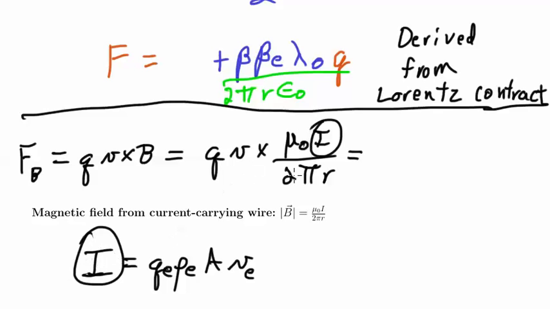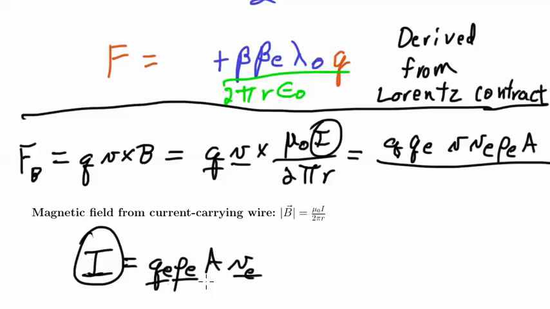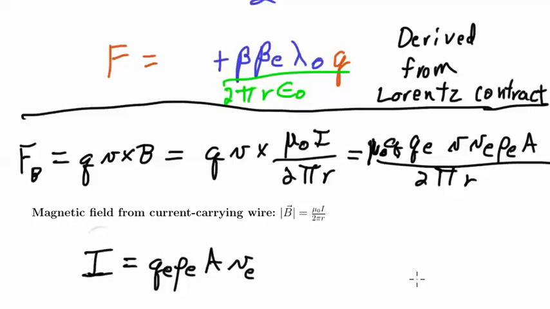So it'll be Q sub E, Q sub E times V sub E times rho sub E A times mu sub naught over 2 pi r. Now this Q sub E rho sub E, the charge density times the area, is lambda sub naught.